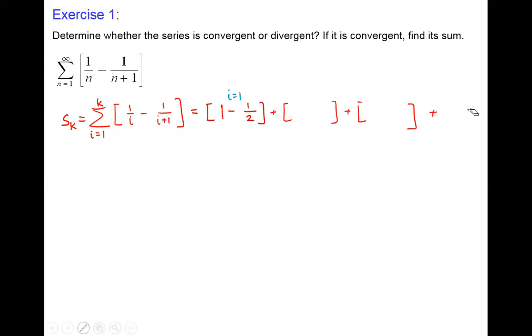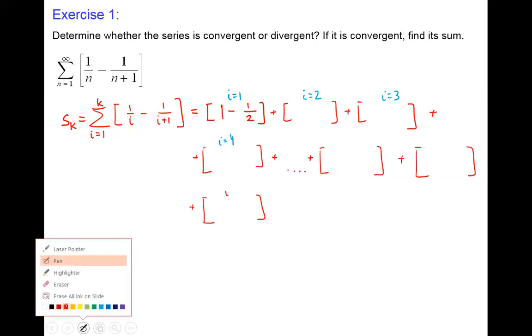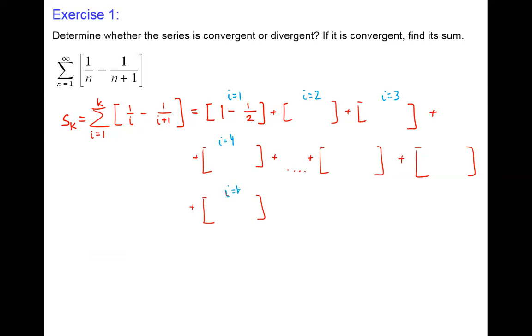Actually, I can have a little bit more, i equals 4. And now I will list i equals 2, i equals 3, i equals 4, and then I am making a small gap, and then the last term will be with i equals k.